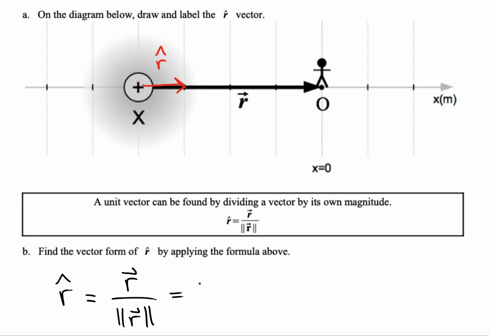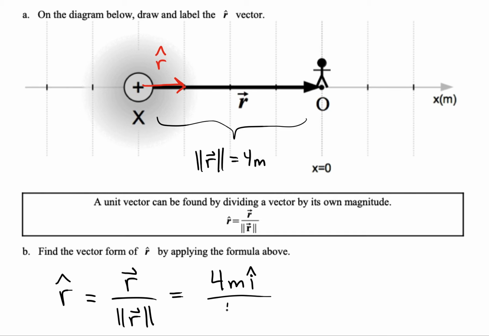All right, so our vector is 4 meters i. We want to divide by the magnitude of it. And we see that the magnitude of it is just 4 meters. This reveals that r hat is in fact i hat.